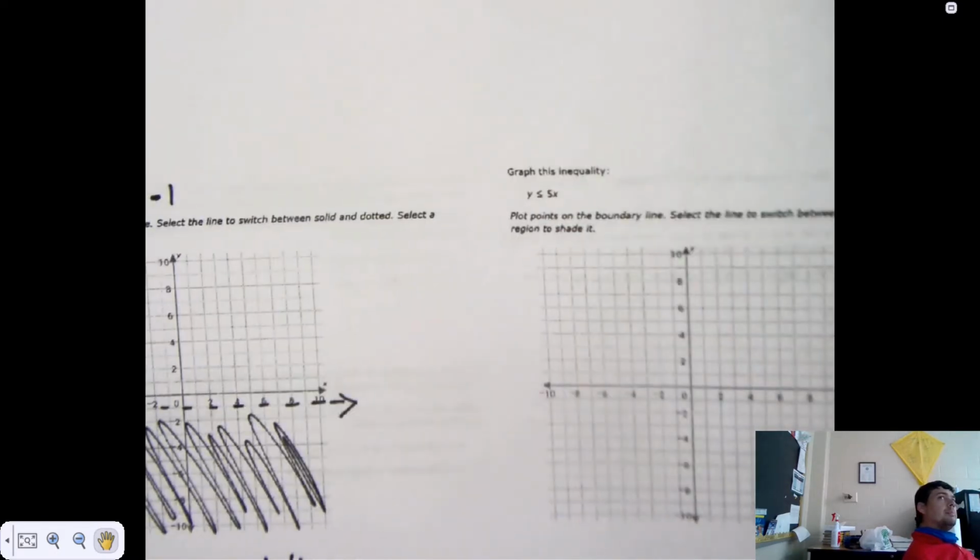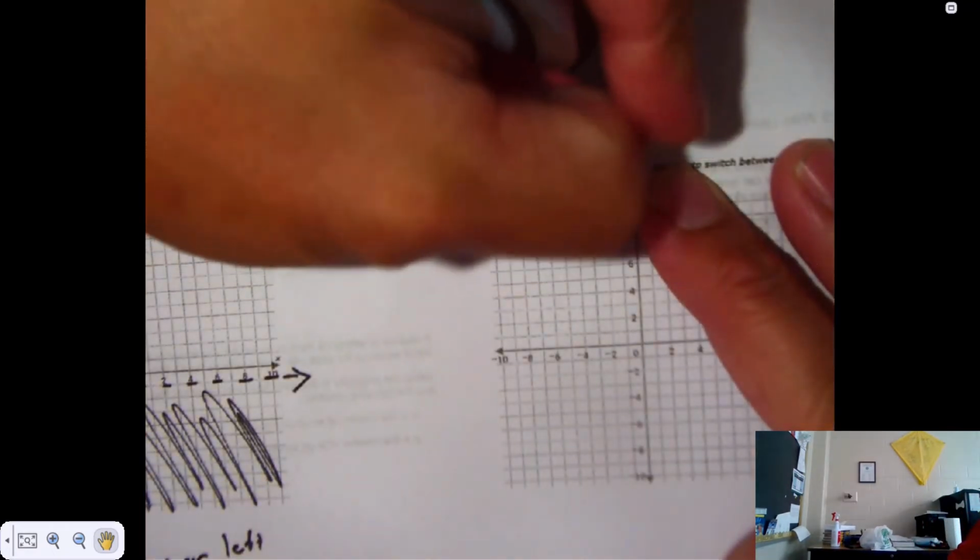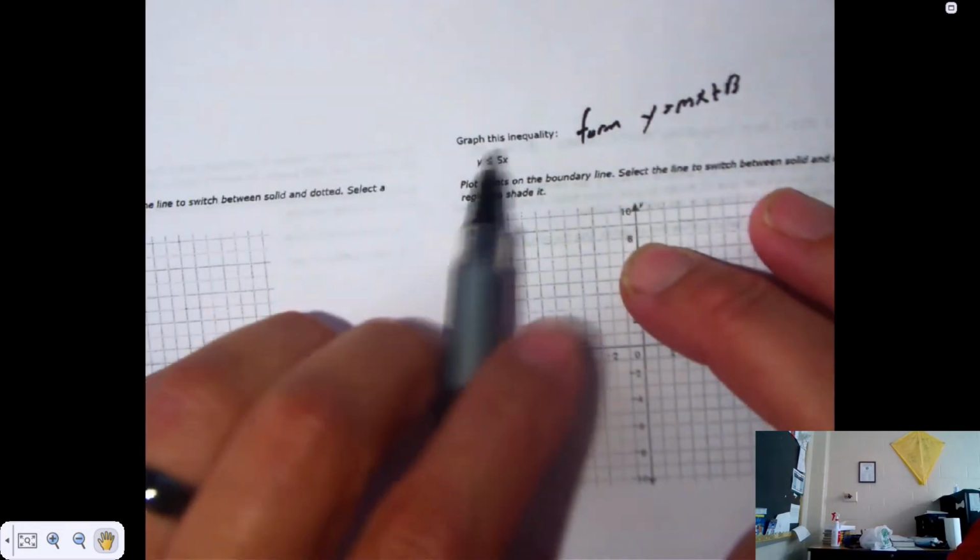Next up on our little piece of paper is y is less than or equal to 5x. And I just want to focus on y equals 5x. What form is that in? That's in slope-intercept form. The form is y equals mx plus b. Because what is understood to be added to this 5x?